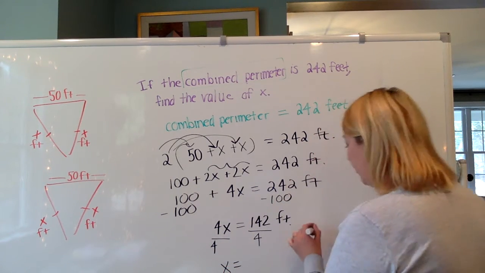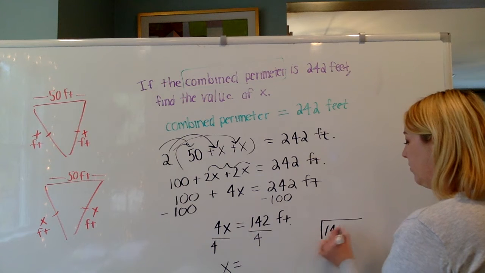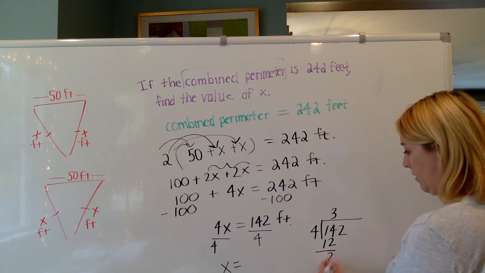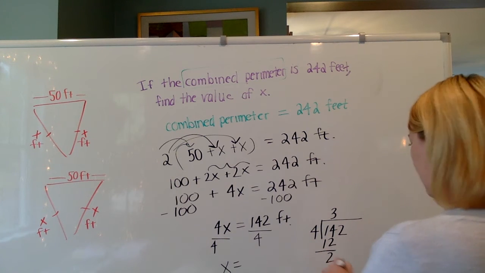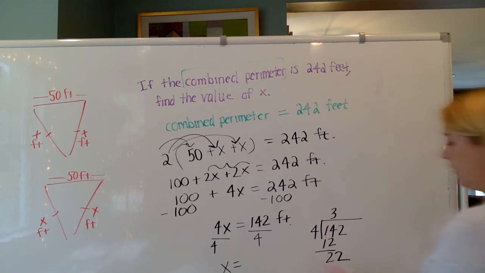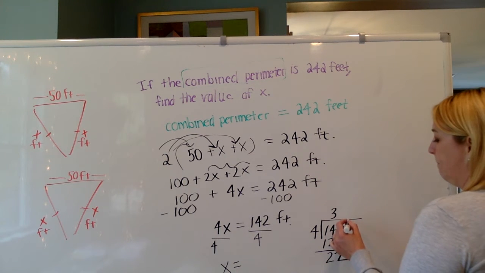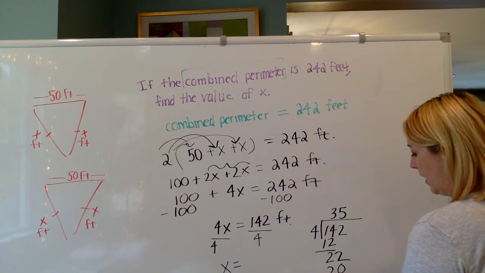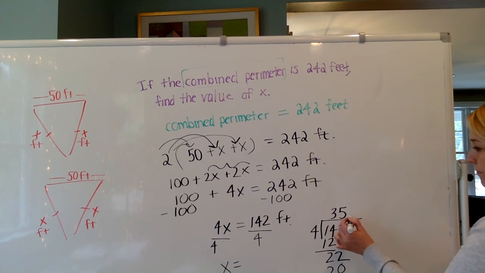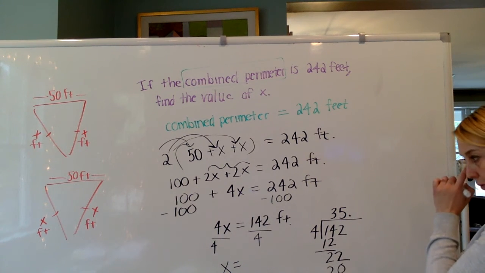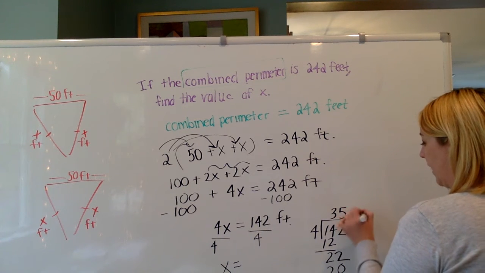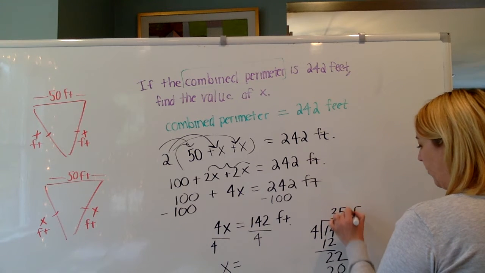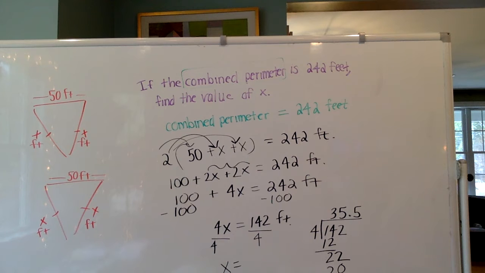I do that division on the side: 4 goes into 14 three times, with 2 left over, so it's 35 and 1/2. I could keep doing this, but I'm just going to say 35.5.